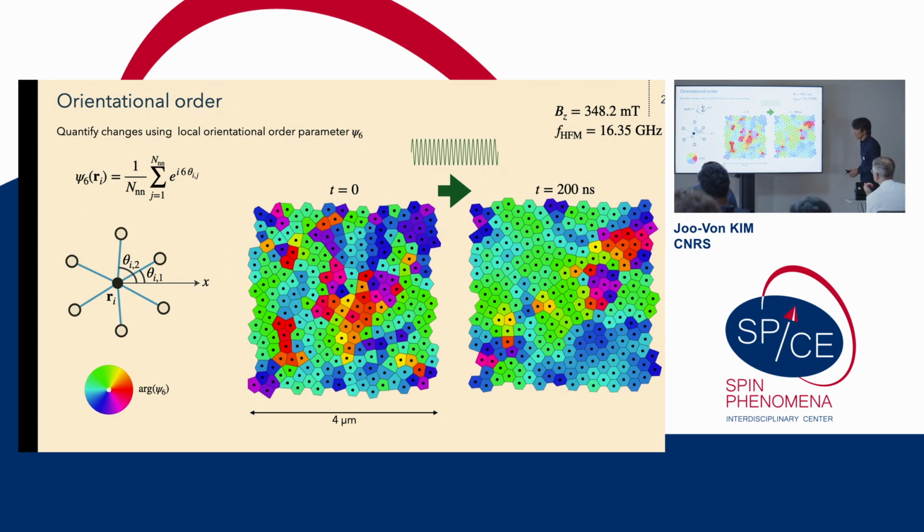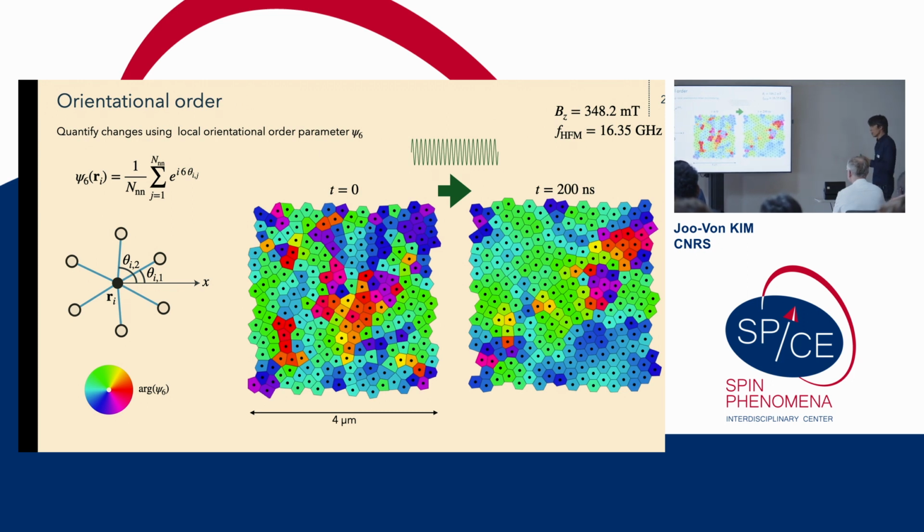That's not really important. If you construct this quantity, it gives you some measure of the orientational order in your system. What is interesting is that the argument of this order parameter is akin to a domain orientation, an orientation of these local domains.